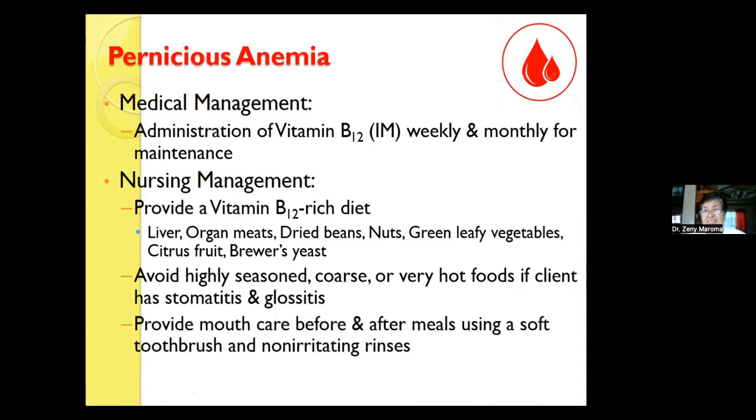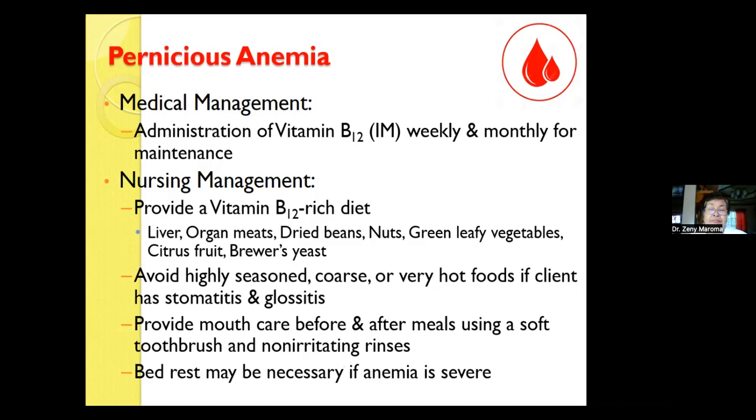Provide mouth care to prevent halitosis and another infection. Use non-irritating rinses and a soft-bristled toothbrush. It is really written there, soft-bristled toothbrush. Okay? And bed rest may be necessary if severe.